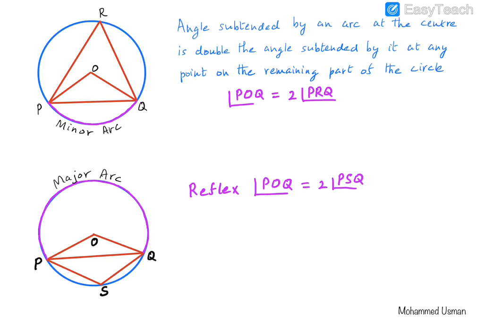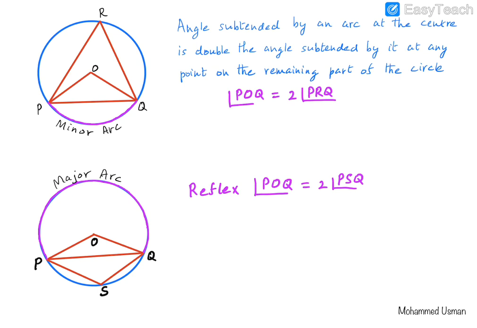Now, the angle subtended by an arc at the center is twice the angle subtended by the same arc at any other point on the remaining part of the circle. So we have this minor arc PQ. This is subtending an angle POQ at the center, and this minor arc PQ is also subtending an angle PRQ at some point R on the circle.